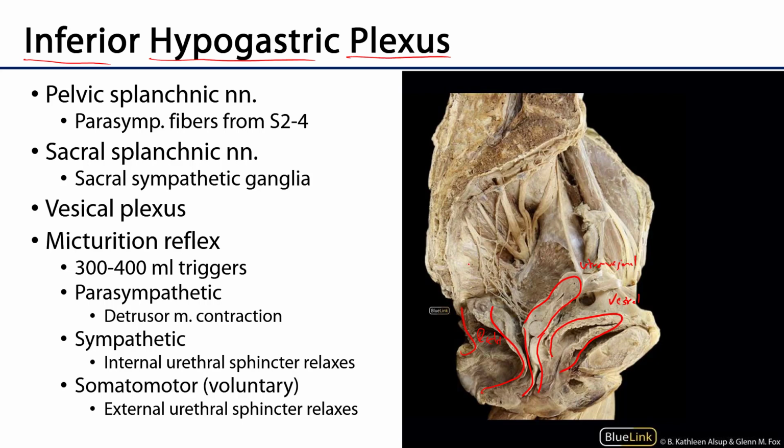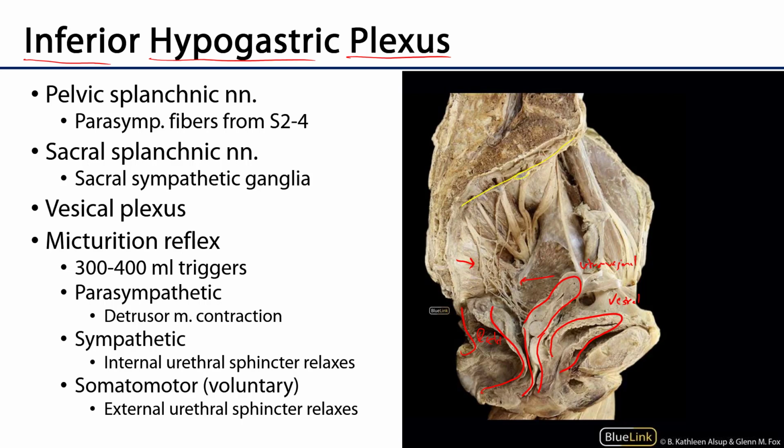That inferior hypogastric plexus is all of these fibers that we can see there. Now, there's going to be both parasympathetic and sympathetic components to this plexus. The sympathetic components are going to come from the sympathetic trunk. Specifically, here's the sacral sympathetic trunk.